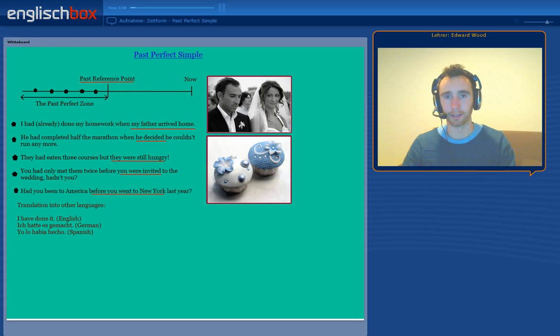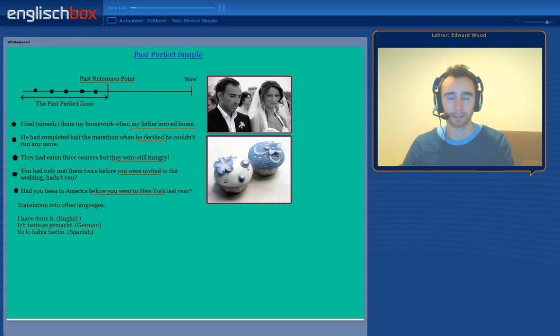So, this is the third slide. At the top you can see a diagram, a picture of when we use this past perfect tense. Underneath we have the 5 sentences again. So if we look at the first sentence, I had already done my homework when my father arrived home. You'll see the action of your father arriving home is underlined with a red line. This is the past reference point.